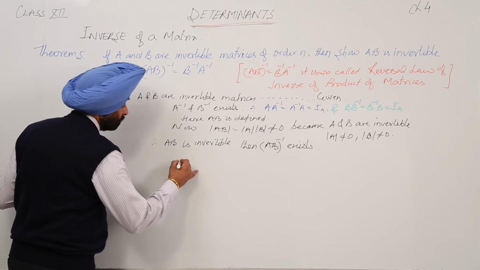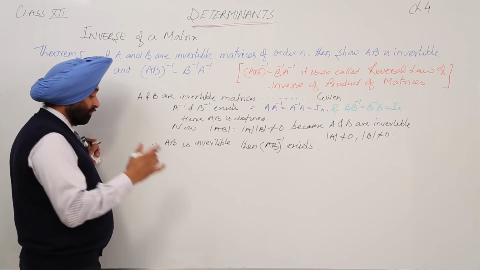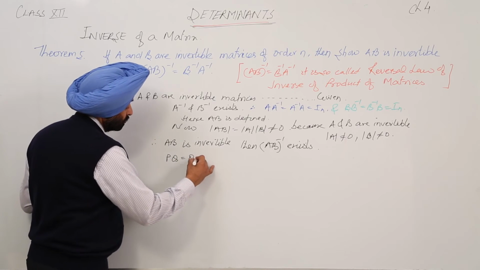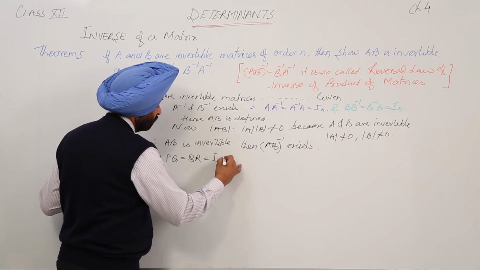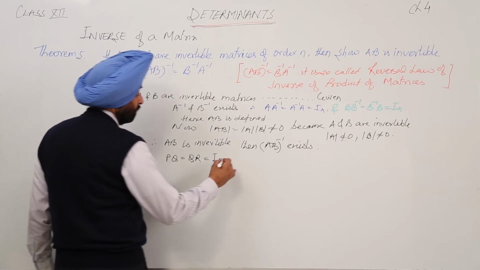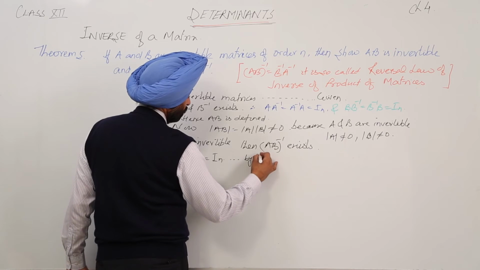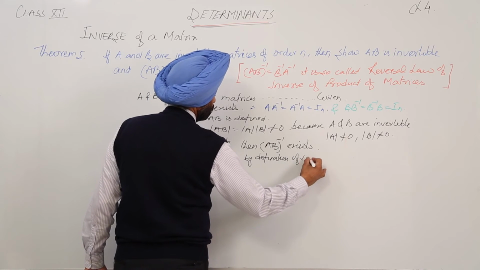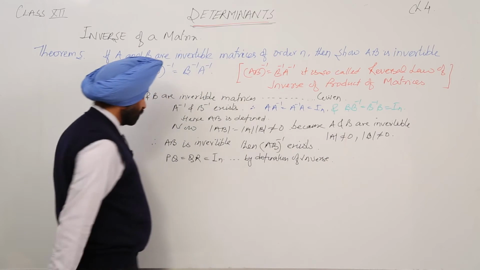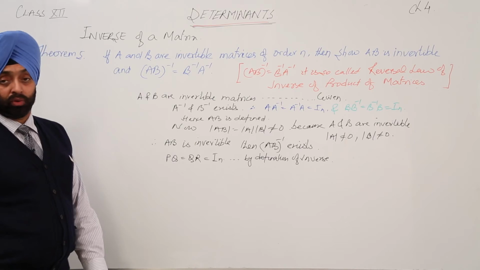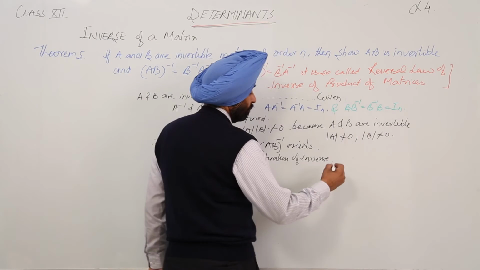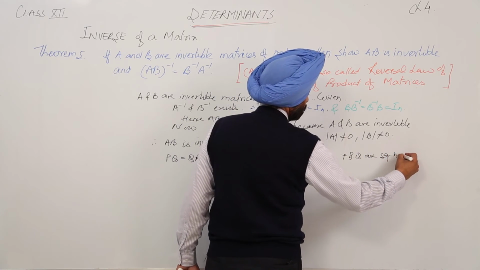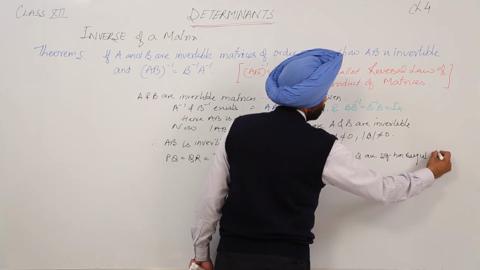Now according to the definition, suppose we are having PQ is equal to QP is equal to IN by definition of inverse, and P and Q are square non-singular matrices.